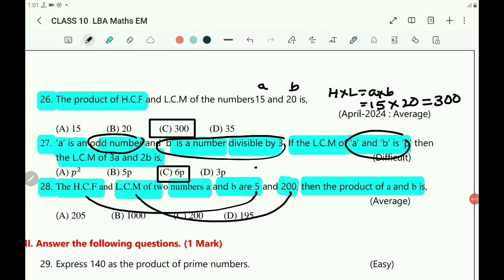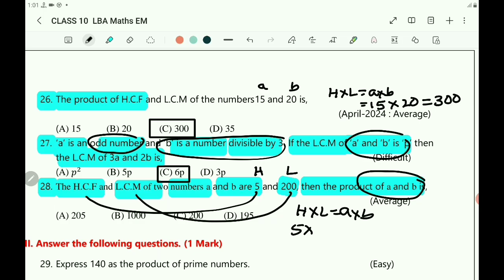Here 5 is the HCF and 200 is the LCM. You know that H into L is equal to A into B. Here the product of A and B is asked. If you find the product of 5 and 200, that product becomes the product of the numbers also.